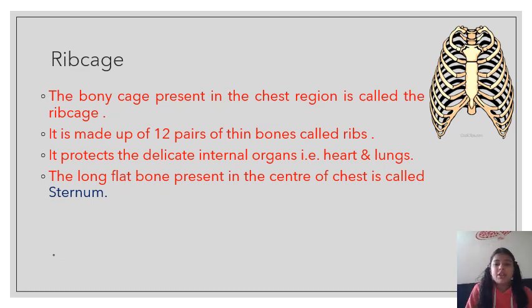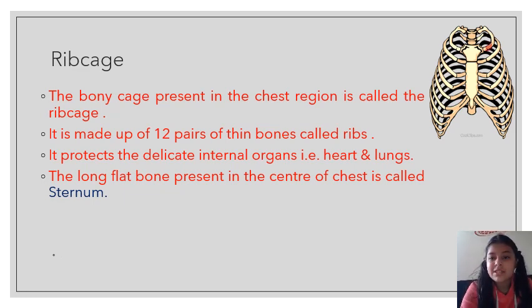Now, rib cage. The bony cage which is present in our chest region is called the rib cage. And the rib cage is made up of 12 pairs of thin curved bones called ribs. Okay, not 12 bones, 12 pairs of thin curved bones called ribs.